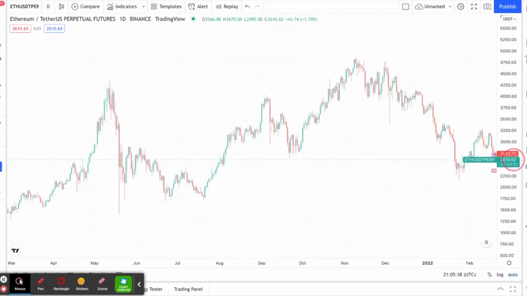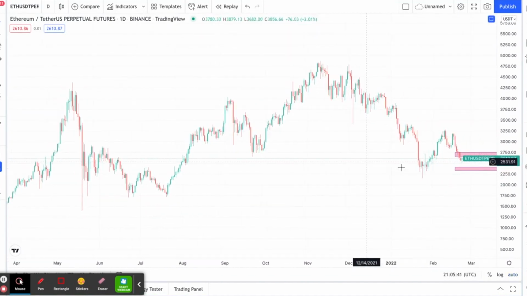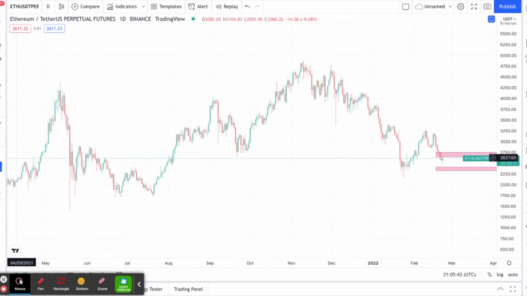Now, we have a downtrend here, it stops, and it starts an uptrend. That is where this first daily support came from. We also have some areas that we bumped up against coming back down.